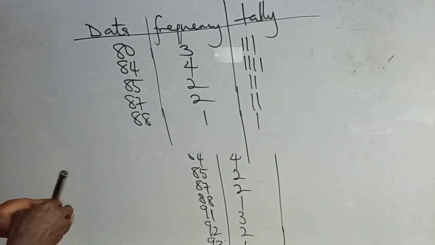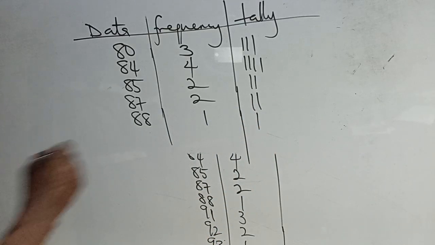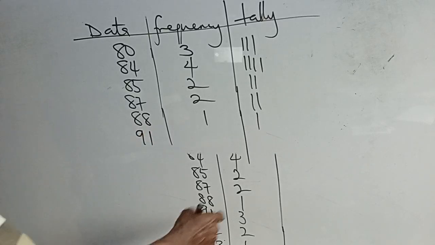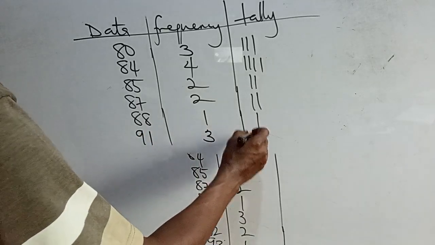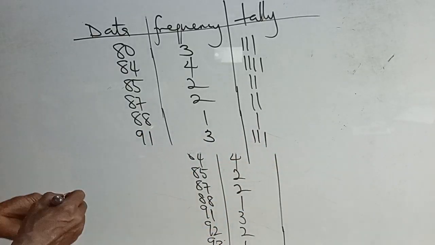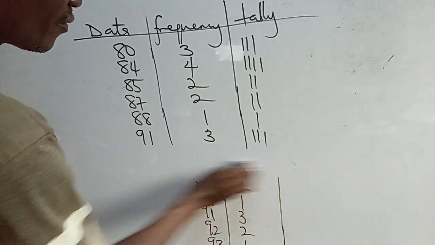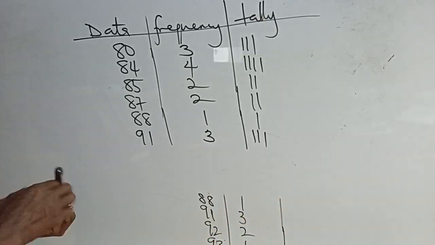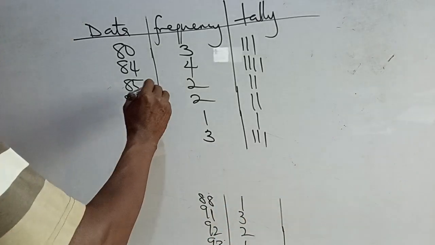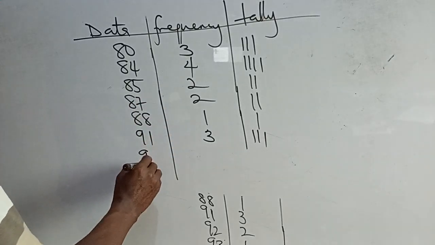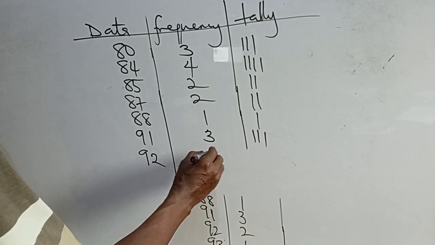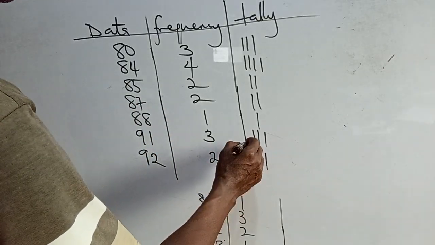After 88, we have 91. That's 3: 1, 2, 3. After 91, we have 92. How many? 2: 1, 2.